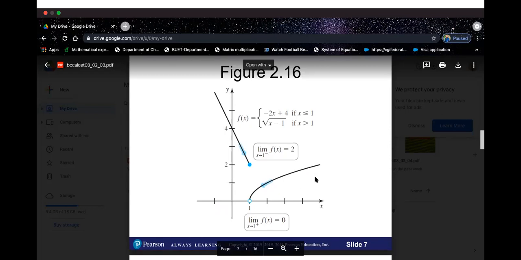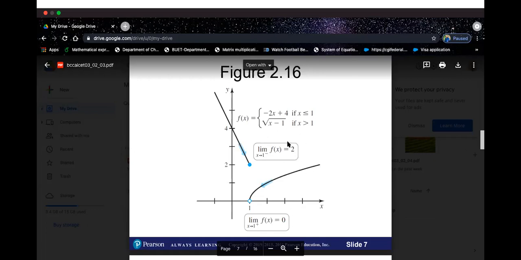Okay. Now, a really quick question. What should be the limit of this entire function? There is none. And why? It's because the left and right side limits don't match. Because they are not equal, the left and the right. Very good. Because for the limit to exist, we know these two values have to be the same.